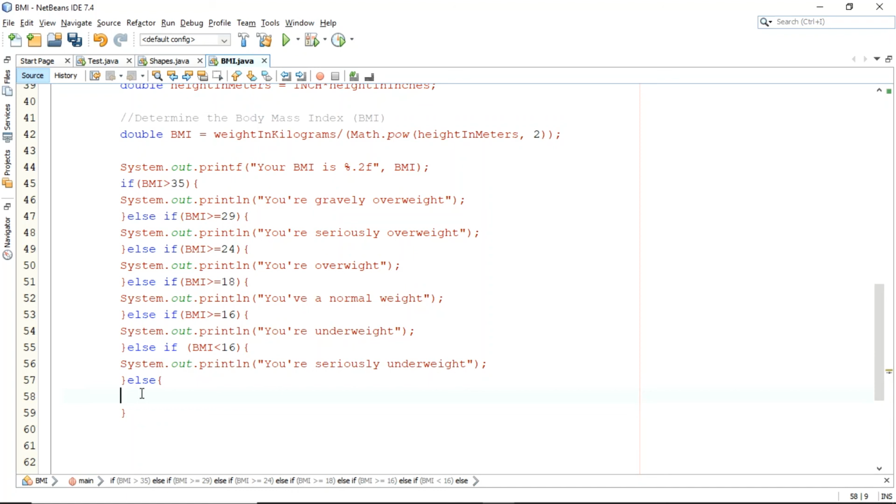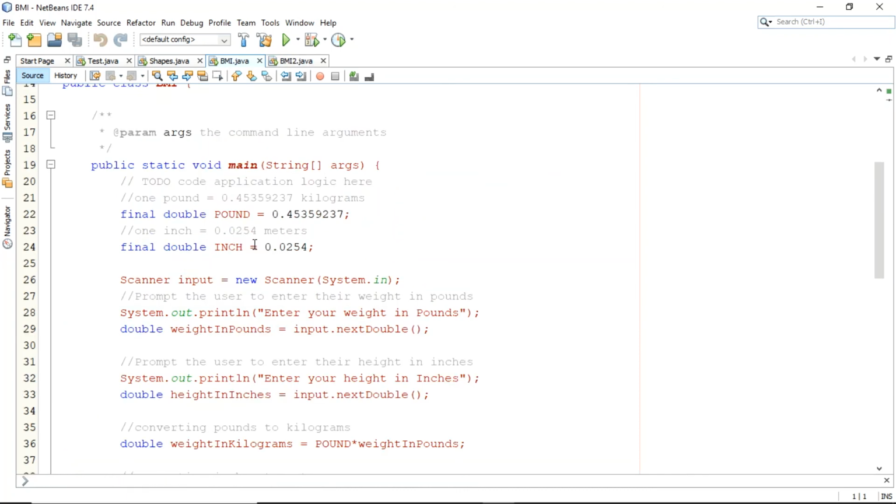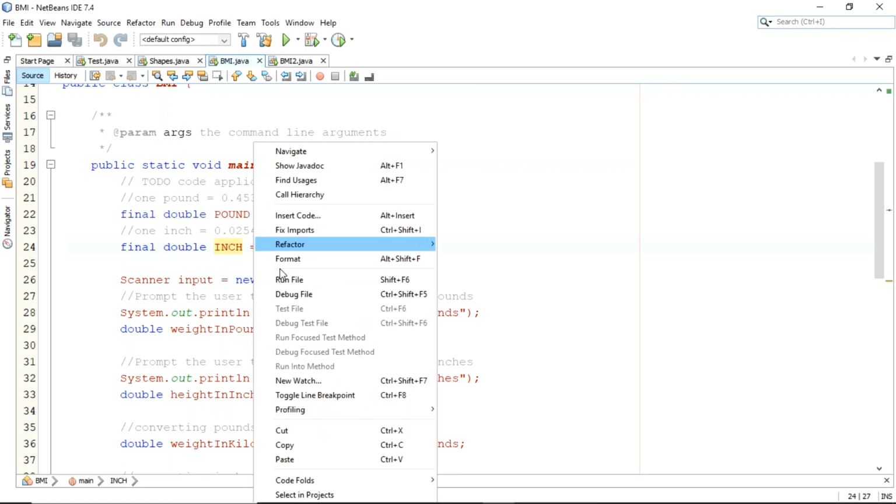So as we stand, the program should be in position to do what we want it to do. So you're going to simply test this program by running our file. To run your program, please right click and choose run file or press Shift F6.